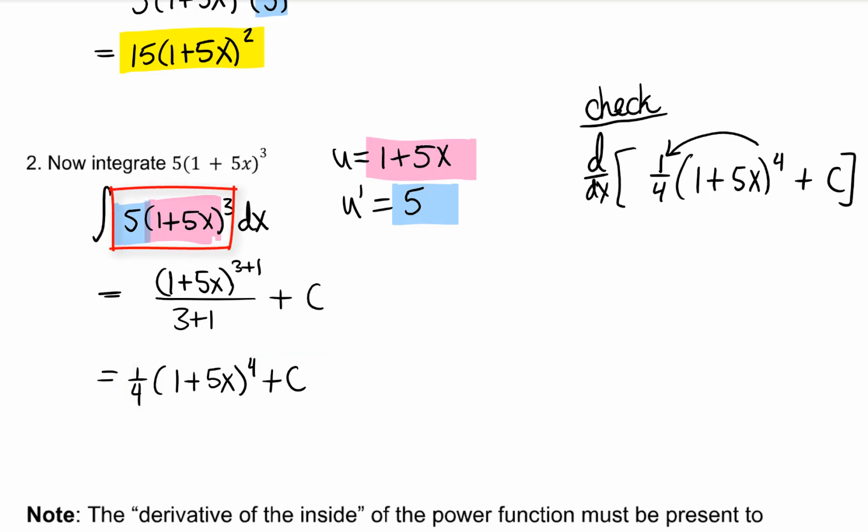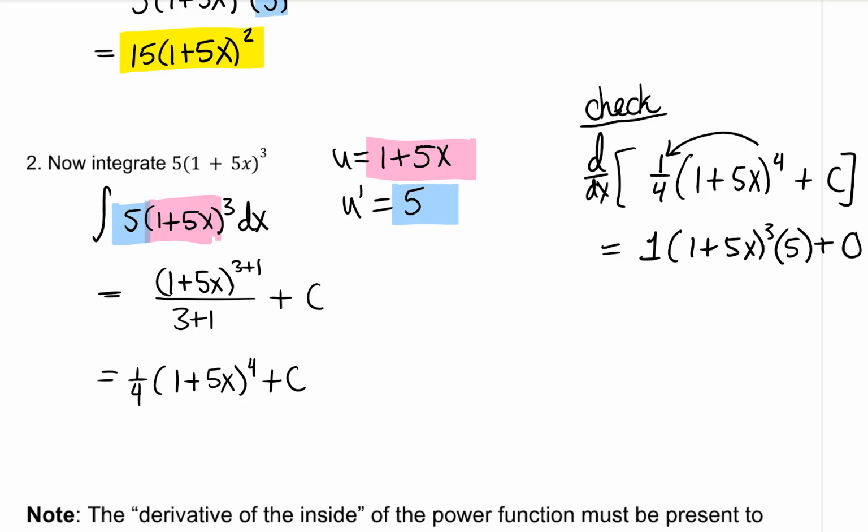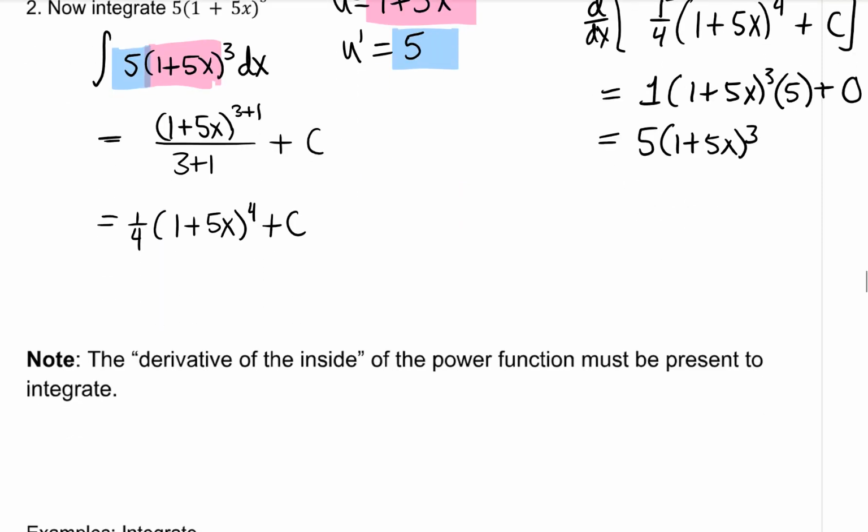Power down, times derivative of the inside. So yeah, this is what we started off with, our integrand. Note that the derivative of the inside of the power function must be present to integrate.